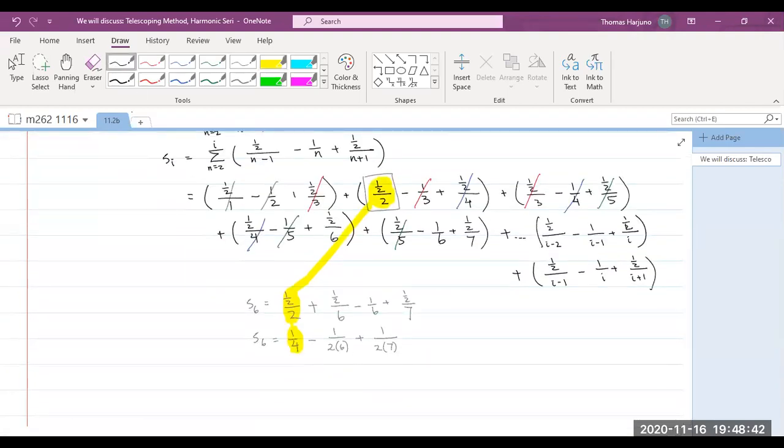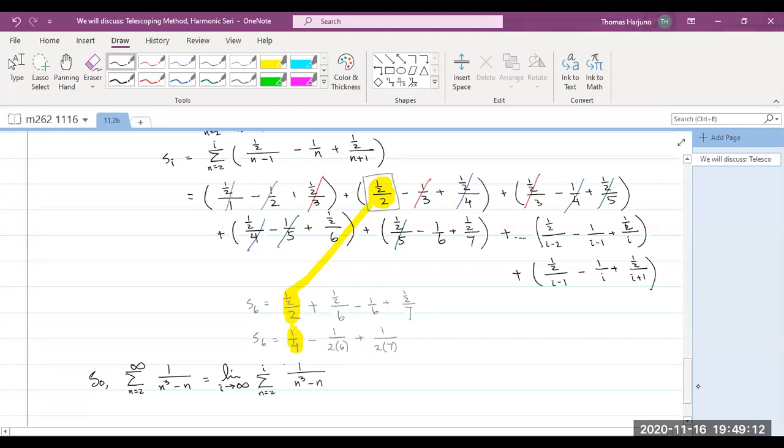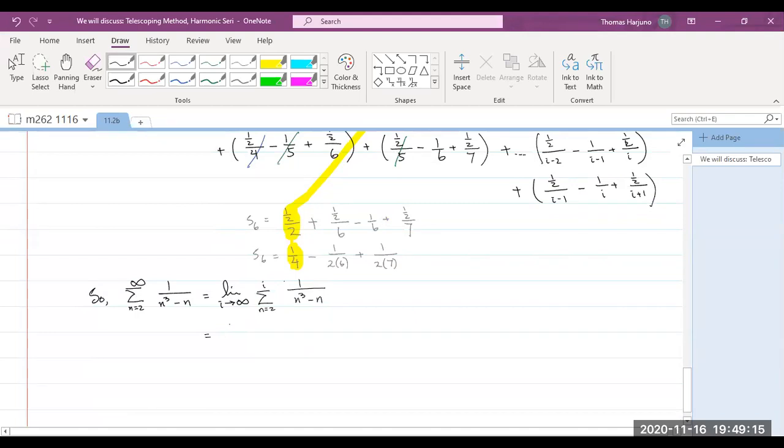So the summation from n equals 2 to infinity of 1 over n cubed minus n is equal to the limit as I goes to infinity of the summation n equals 2 to I of 1 over n cubed minus n, that is equal to the limit as I goes to infinity of the summation n equals 2 to I of 1/2 over n minus 1 minus 1 over n plus 1/2 over n plus 1.